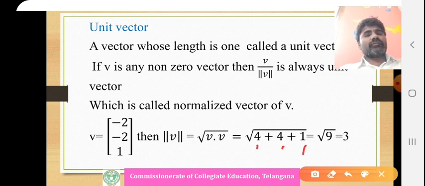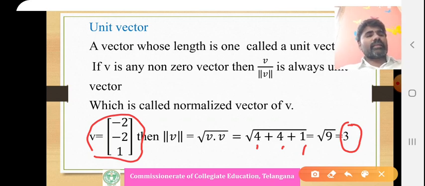Therefore the length of this vector is equal to 3. The distance from the origin to this vector is 3. Like that we can calculate the length of the vector.